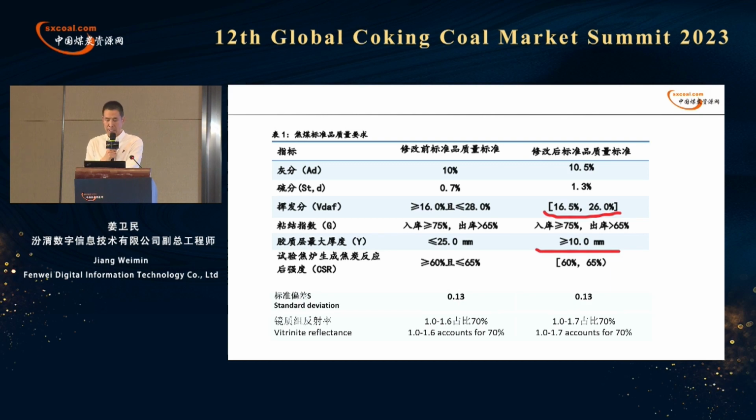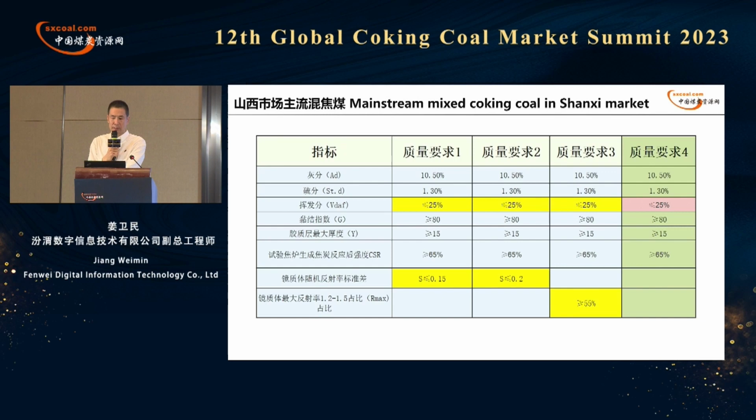So you can see that the volatile matter has changed, the Y value has been adopted. I also calculated the quality of the three different types of coking coal. You may ask why there is a standard deviation, because since their heat intensity is the same, 65.